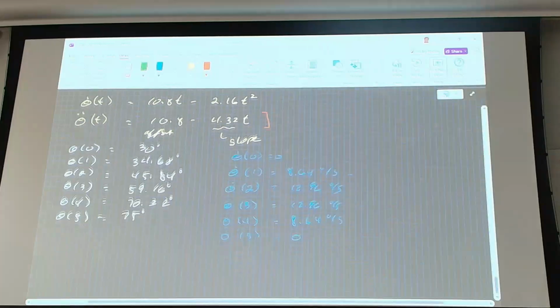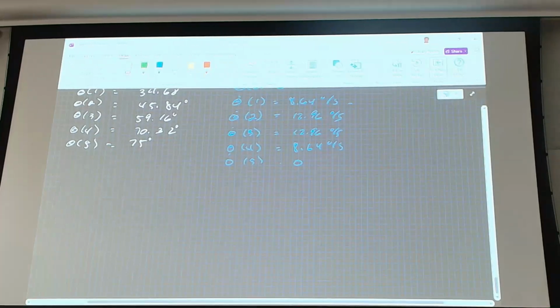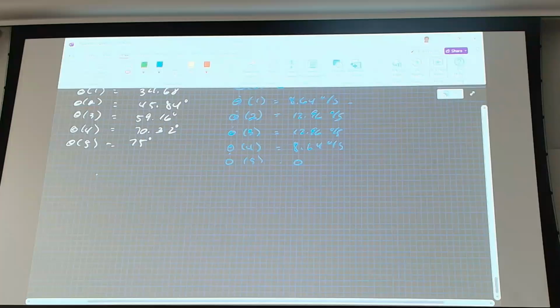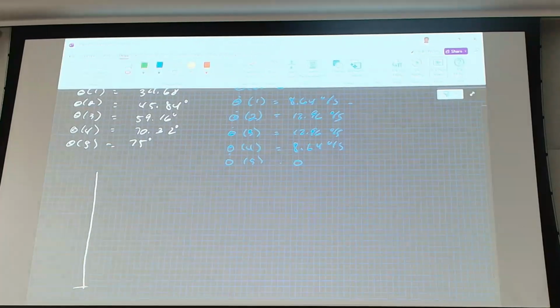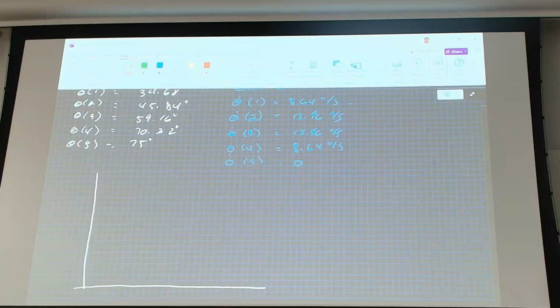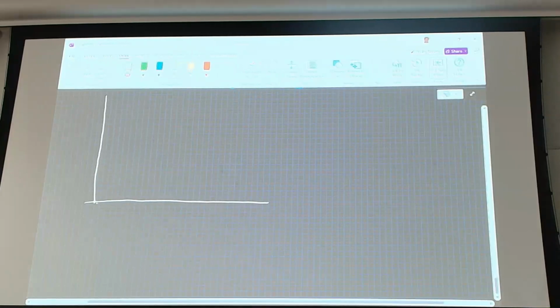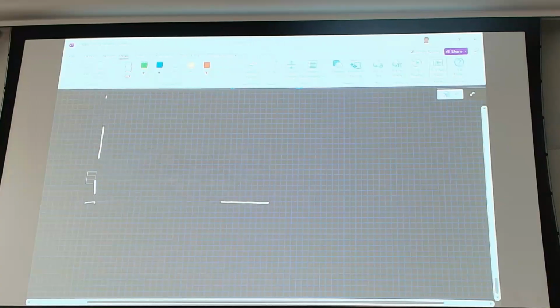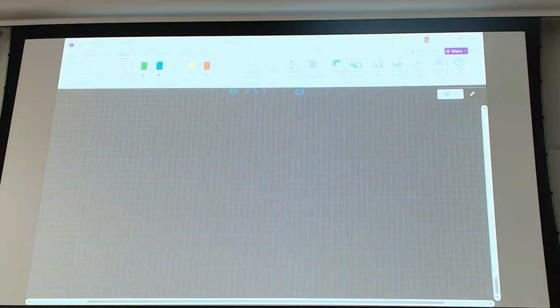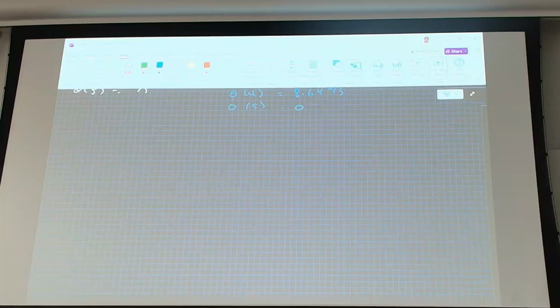So now we can actually graph it. Let's do 1 second, 2 seconds, 3 seconds, 4 seconds, 5 seconds.